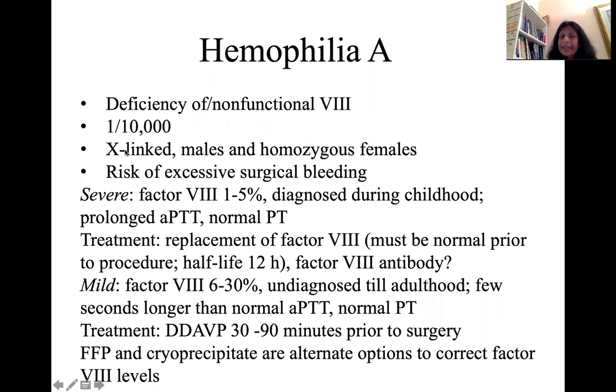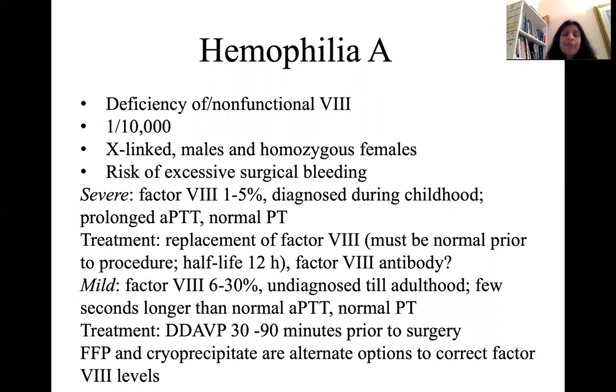It's an X-linked condition where, because males have just one X chromosome, it's more common in a male, and in a homozygous condition in a female. Okay, so here, obviously, because you do not have factor 8, there is that risk of severe bleeding during surgery.